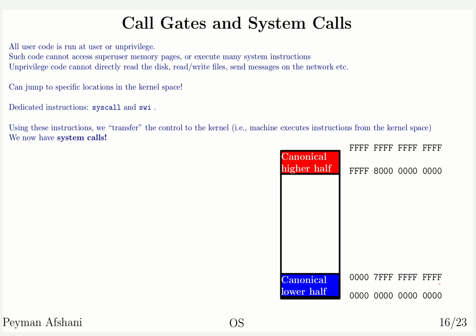The difference between them is that the canonical lower half has 0 for bit number 48, or bit number 47 if you count from 0, whereas the upper addresses have a 1. By design, for example, Linux will sit in the upper half, whereas normal programs will sit in the lower half. Remember, this is just the virtual memory, so there is nothing, as far as I know, with respect to physical location, but the virtual address space is cut in half in this way. And with a system call, you can jump to a memory location in the higher half.